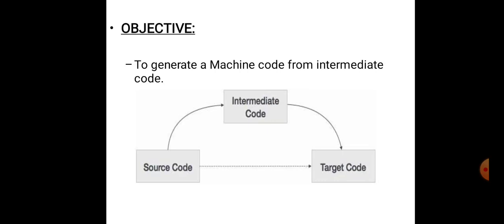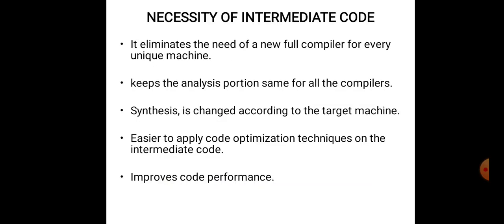The answer is pretty simple, and I will list it out here. Number 1: if you generate an intermediate code, it eliminates the need for a new full compiler for every unique machine.